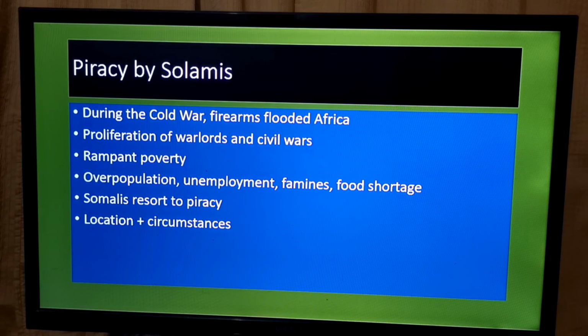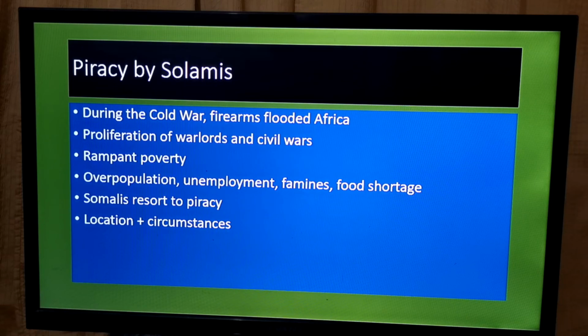They hijack the ship. They hostage the captain and the crew and the cargo. And then they would call the owner of the ship, usually Europeans, and they would demand money in return for the crew and the cargo. So if you're the ship owner, you would be forced to pay the ransom because you don't want to lose a lot of business.